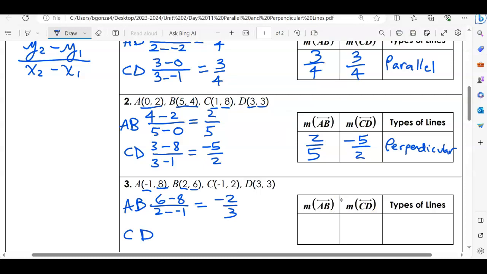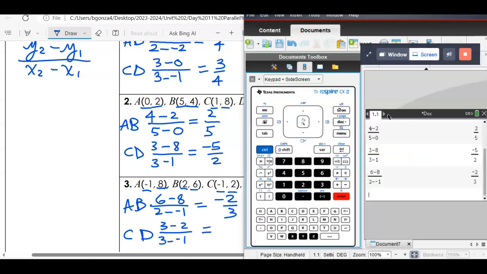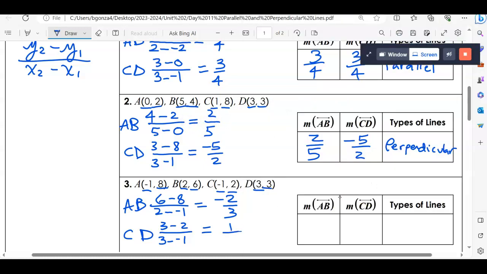CD, y2 minus y1, 3 minus 2. x2 minus x1, 3 minus negative 1. Control divide, 3 minus 2, 3 minus negative 1. Fill those in.